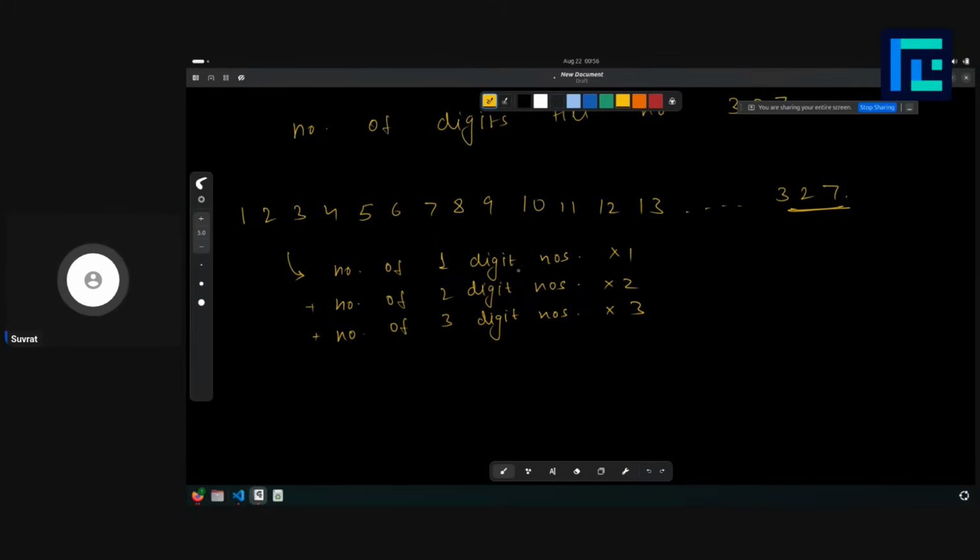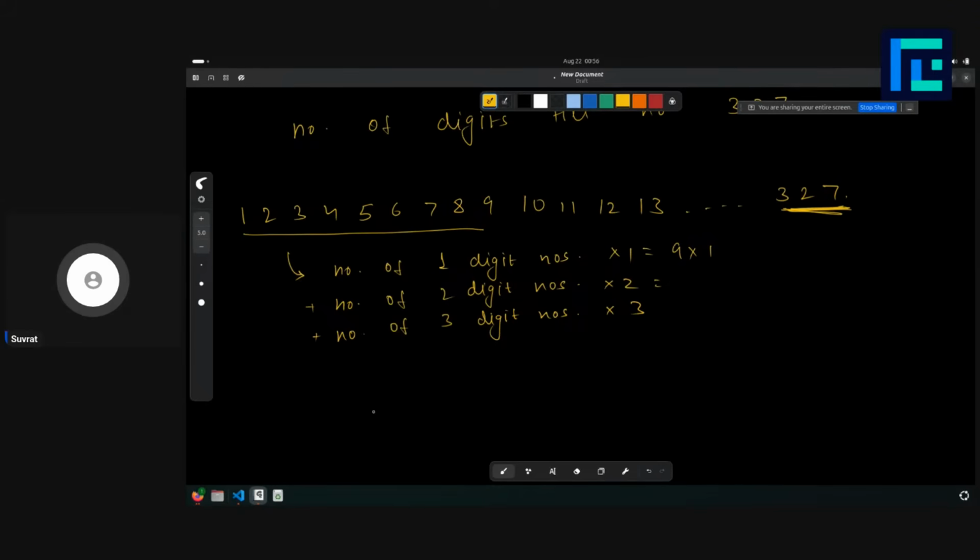Since 327 is a three digit number, we are taking all the one digit numbers. So the count for one digit numbers would be 9 into 1. And since 327 is a three digit number, we will be taking all the two digit numbers as well.